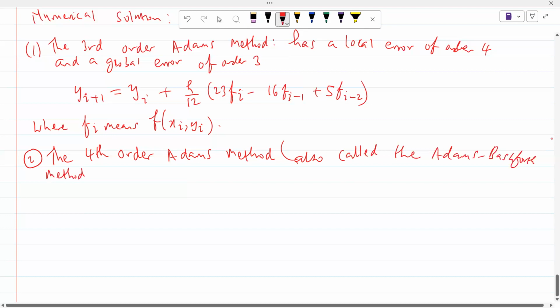The fourth order Adams method is y i plus 1 equals y i plus h over 24 into 55.